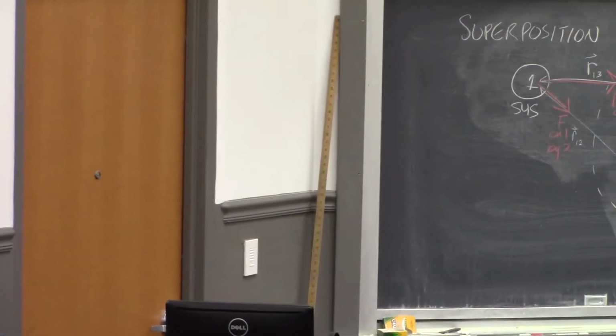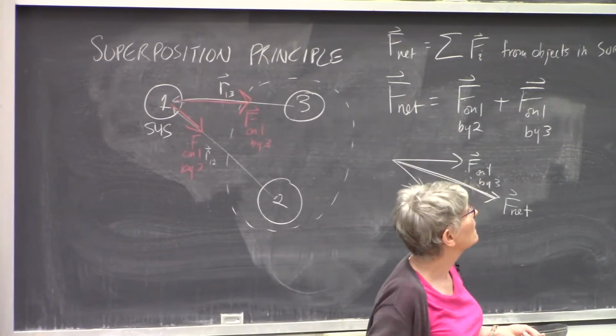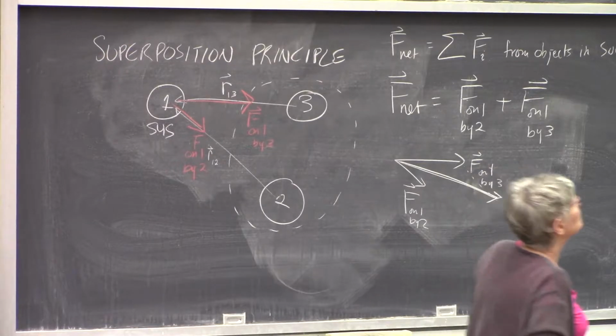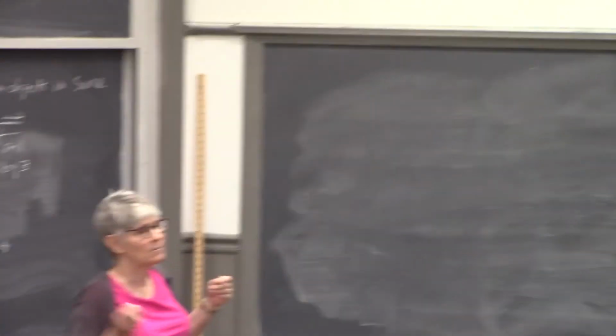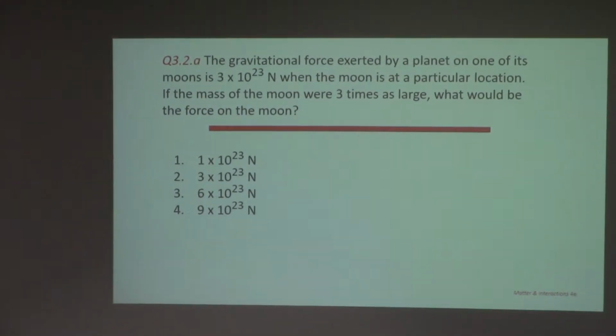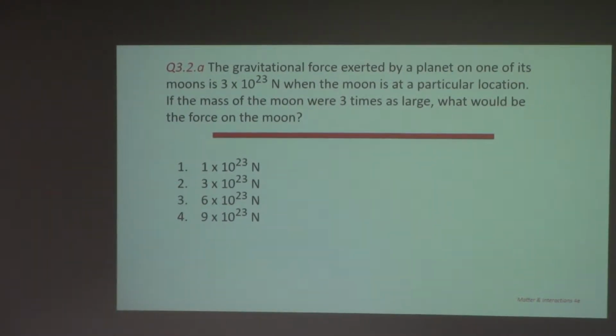So suppose that we have a planet, it's got some moons. When the moon is at a particular location relative to the planet, the magnitude of the gravitational force is 3 times 10 to the 23rd newtons. What would it be if the mass of the moon were twice as large?